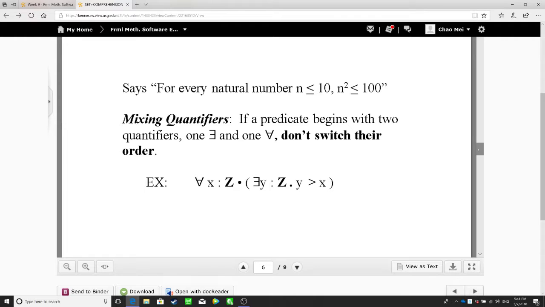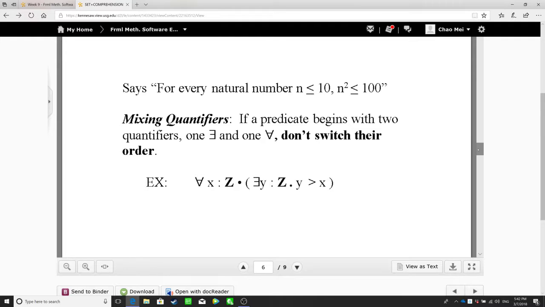Okay, so for all the x that belongs to integer, there exists a y, which is integer, and y is greater than x, which also means for every integer we can find another integer that is greater than that integer. Okay, that is what it states here.